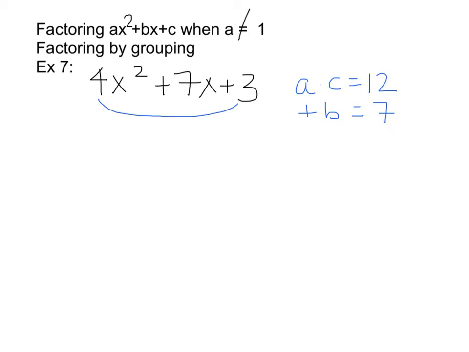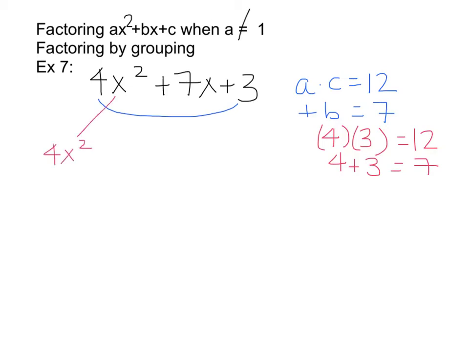What are two numbers that multiply to 12, but add to 7? 4 times 3 gives me 12, and 4 plus 3 gives me 7. So you take your first term, and you bring down your 4x squared. Now, instead of bringing down my 7x, I am going to replace it with what I got over here as my factors, 4 and 3.